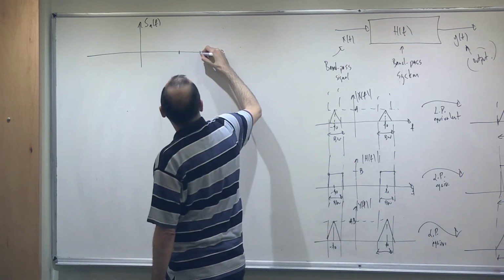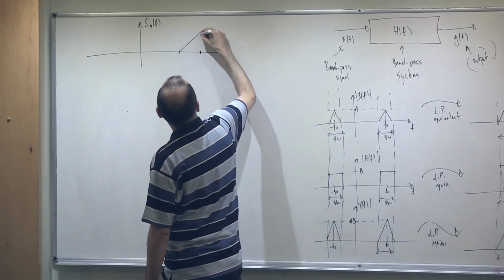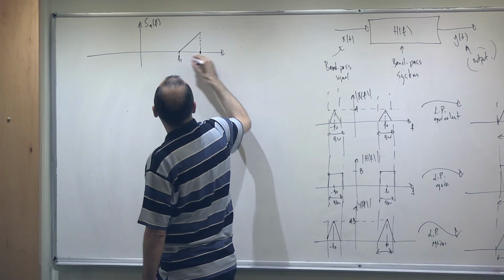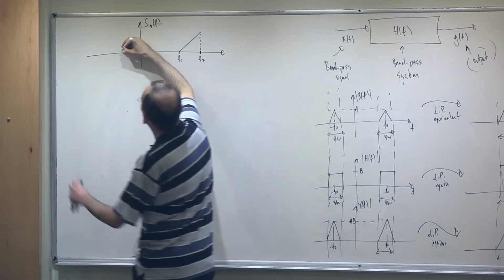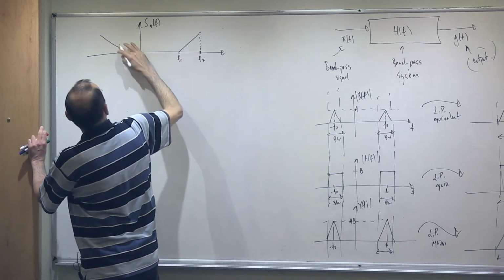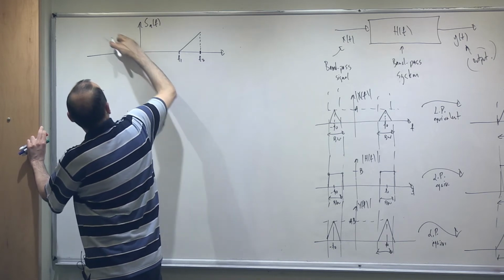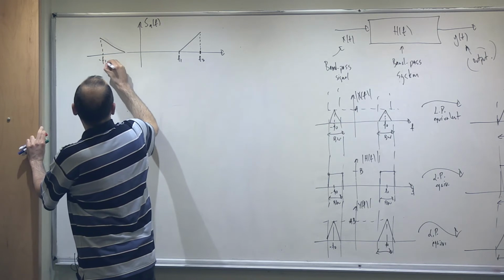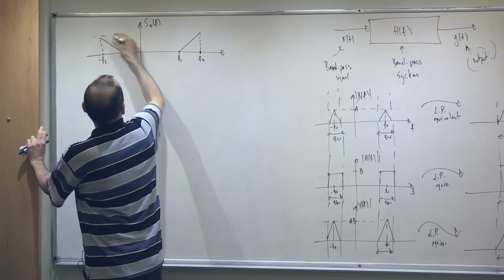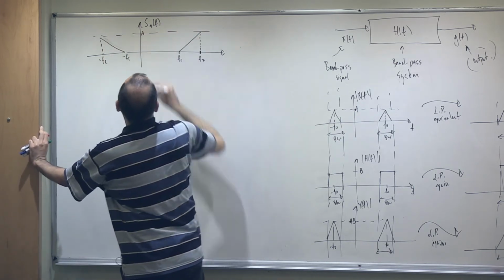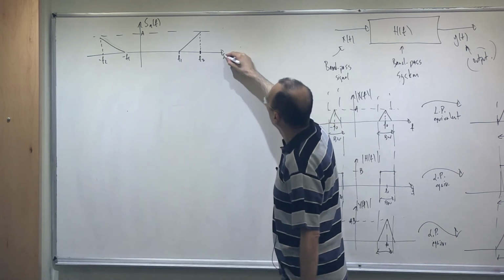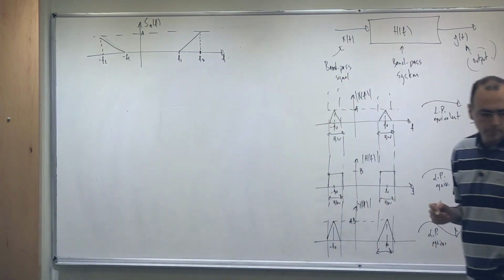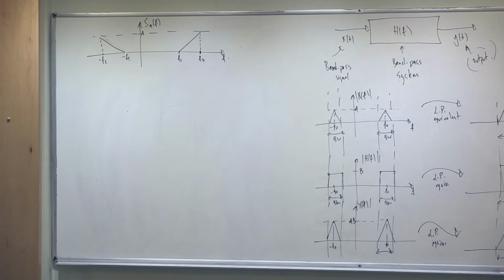So let's say that this is something like that. Let's sketch this better. So this is A, let's say, one more time. Something like this, power spectral density, given like that.